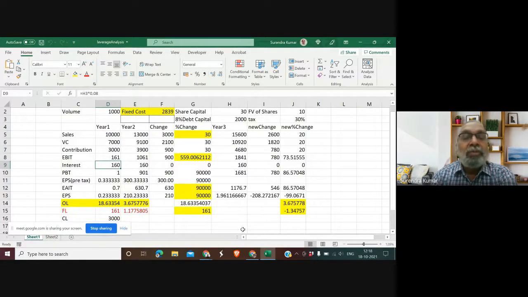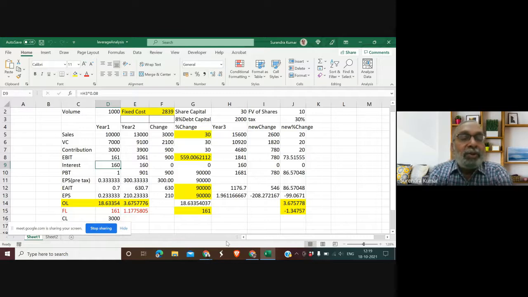And now I am taking another example which is somewhat different. In this example, there is an important dimension that I am trying to emphasize here. When you talk of leverage, as we have been talking about it so far, there are two different leverages that we talk about, operating and financial.